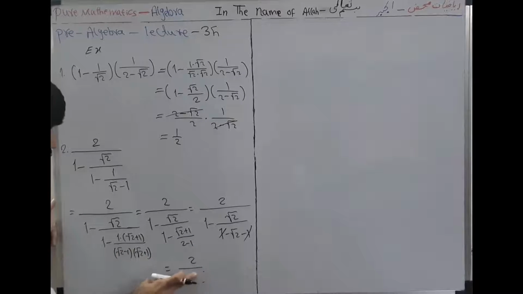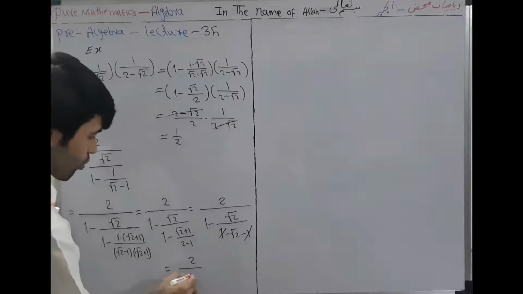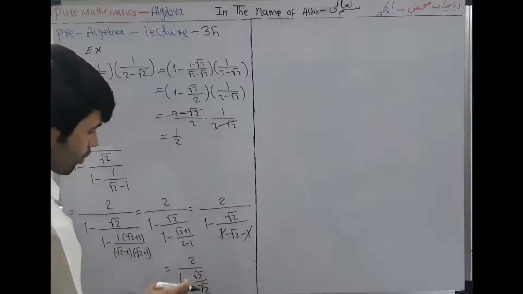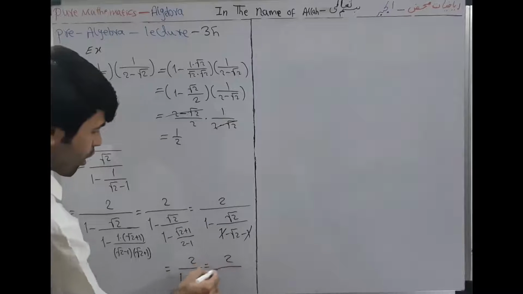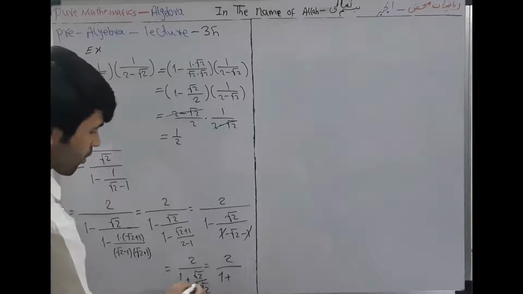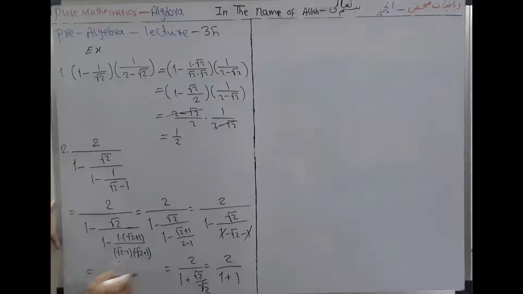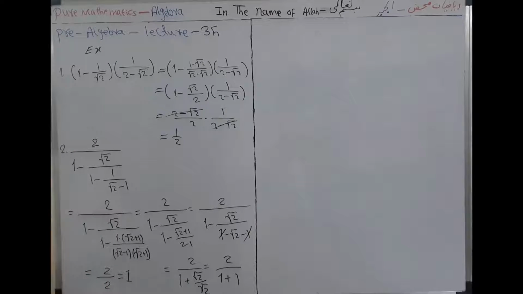Here we have square root of 2 over square root of 2. This is square root of 2 divided by this square root of 2. Then it is equal to 2 over 1 plus 1. It is equal to 2 over 1 plus 1 is equal to 2. It is equal to 1.